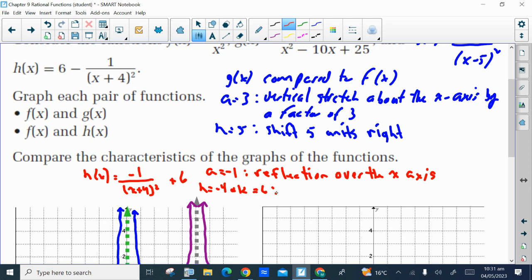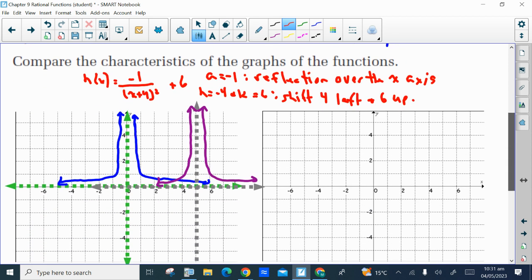So that's going to shift the graph 4 left and 6 up. So the asymptotes will go 4 left and 6 up.